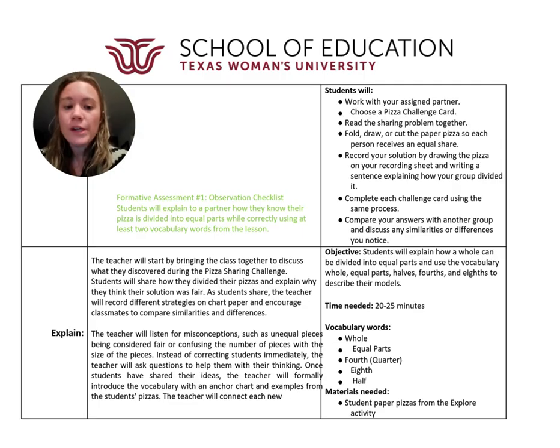For example, thinking four unequal pieces are still fourths, after students explain their thinking. Then I introduced the formal vocabulary for the lesson, including whole, equal parts, half, fourth, and eighth. Connecting the vocabulary to the students' own discoveries helped the concepts become more meaningful instead of just memorizing the definitions.